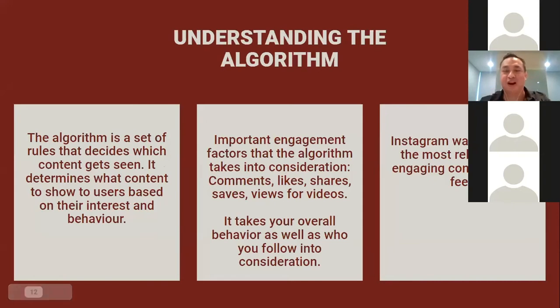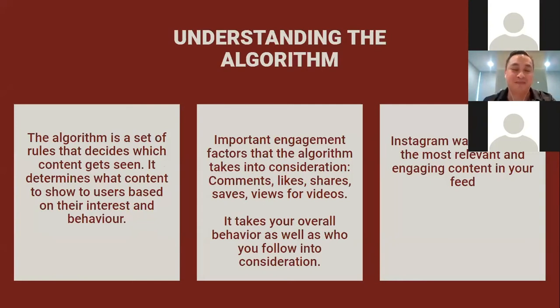If you're on Instagram, you may have noticed that if you've been engaging with a lot of cute puppy dog content, you see a lot of cute puppy dog content in your feed, right? And that is the algorithm at work. The point of the algorithm is to show you relevant content based on your Instagram behavior.